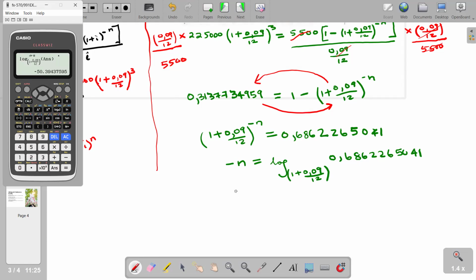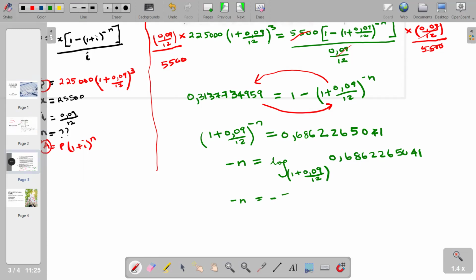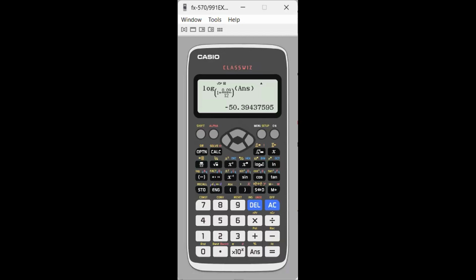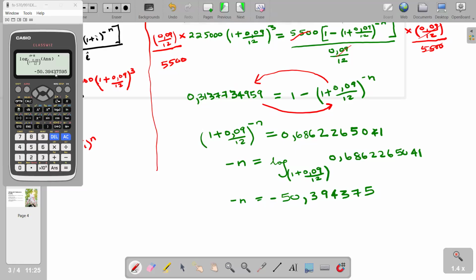So it means our negative n here is equal to minus 50.3943759.